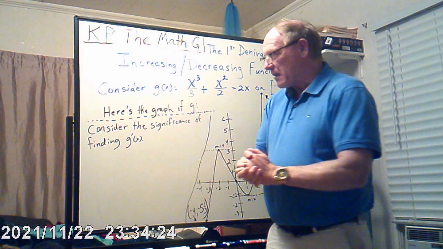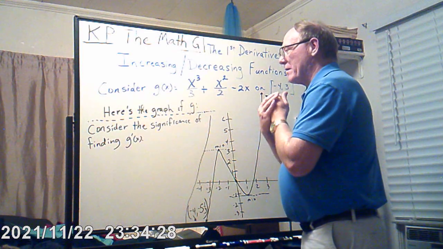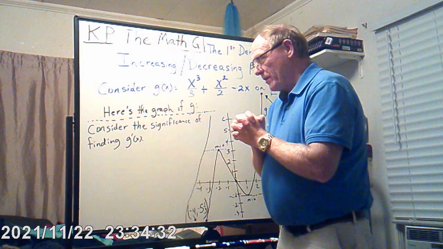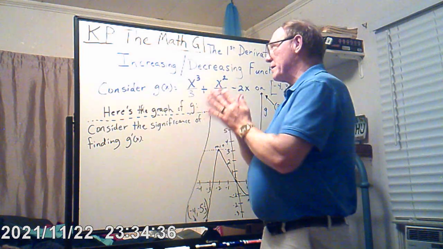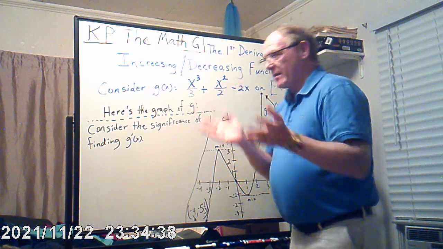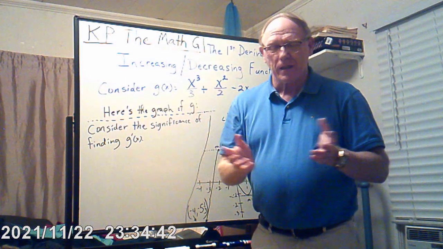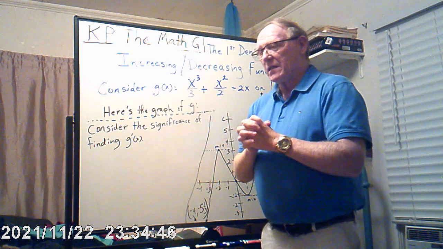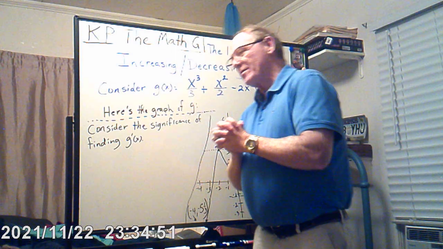So anyway, this is the first derivative, and this first derivative has to do with a function that's increasing or decreasing. We've already seen that derivative before, being the slope of the tangent line, and we've seen the first derivative when we looked at the mean value and Rolle's theorem and so many other things.